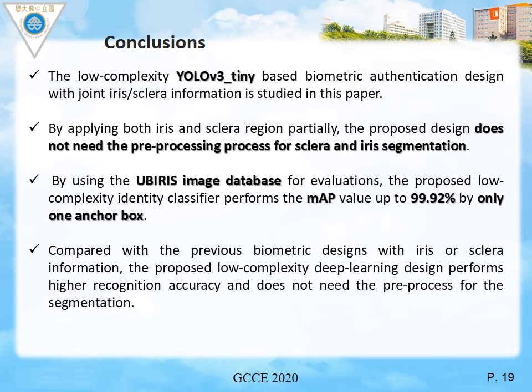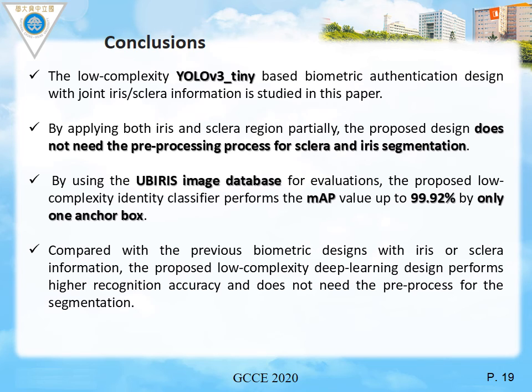Conclusions: the low complexity YOLOv3 Tiny based biometric authentication design with joint iris sclera information is studied in this paper. By applying both iris and sclera regions partially, the proposed design does not need the pre-processing for sclera and iris segmentation.